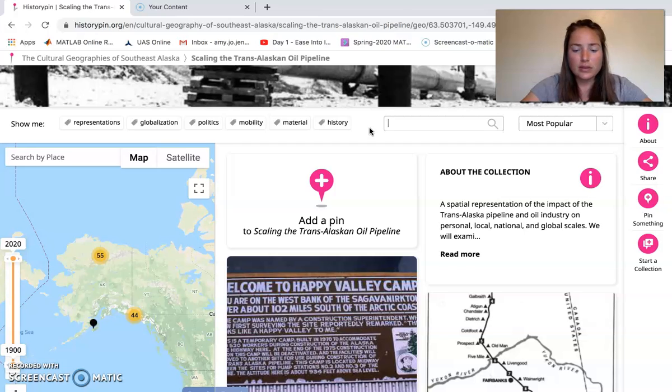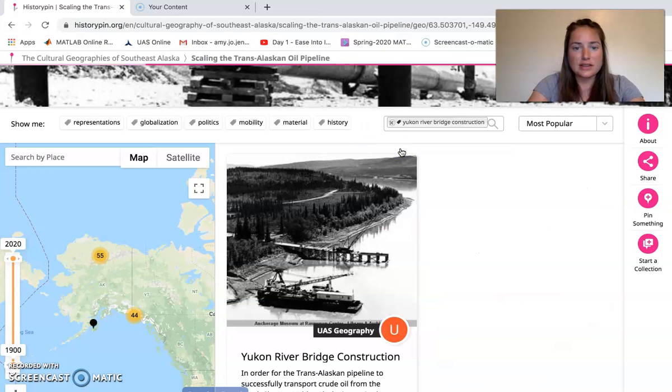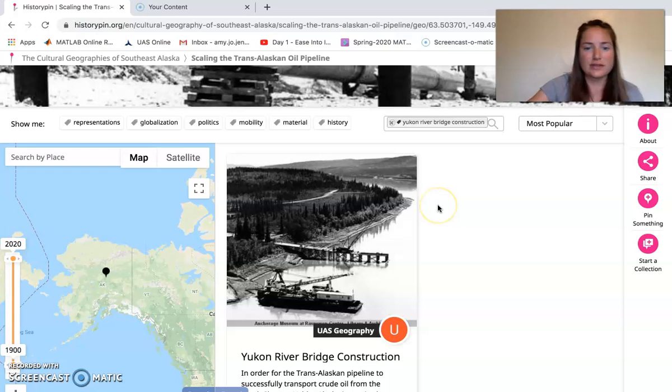So this brings me to my next pin about materials, which is the Yukon River Bridge, and here's a picture of it. At the time, this was the longest bridge in the US. It was approximately half a mile long and the first bridge to ever cross the Yukon River.